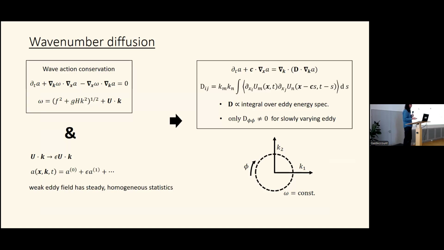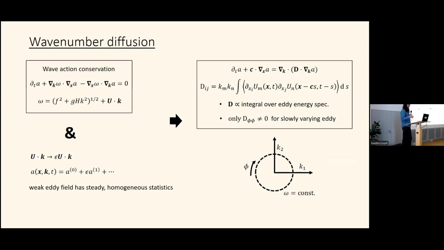If we make this assumption that the flow is weak, that amounts to putting an epsilon in front of u dot k, so our Doppler shift is weak in our wave frequency. And then we do a translation expansion of wave action. We make some other convenient assumptions that the eddy field is steady and statistically homogeneous.